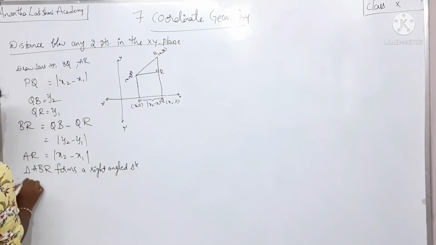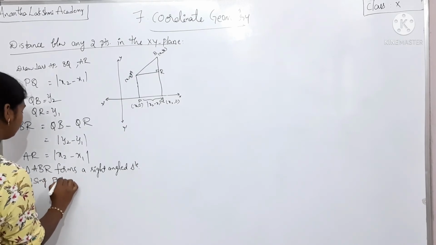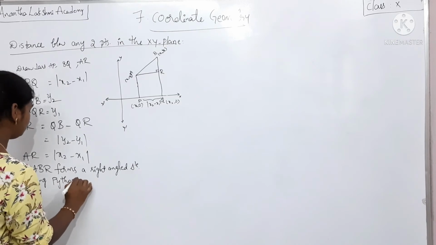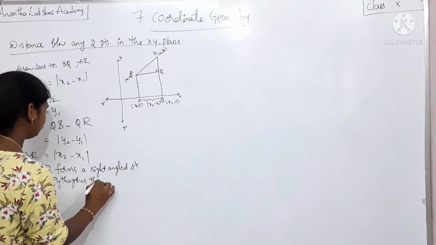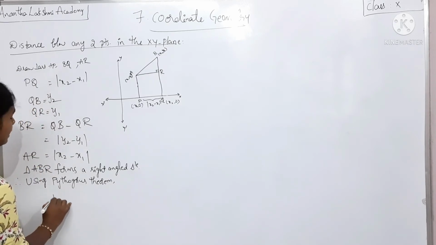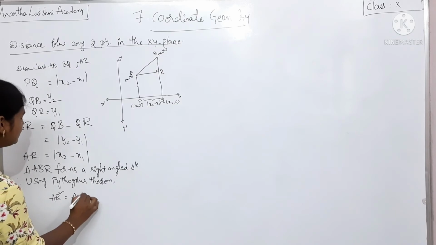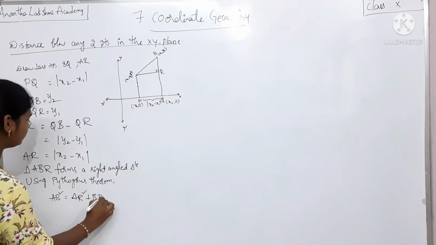So hence, therefore, using Pythagoras theorem, AB square is equal to AR square plus BR square.